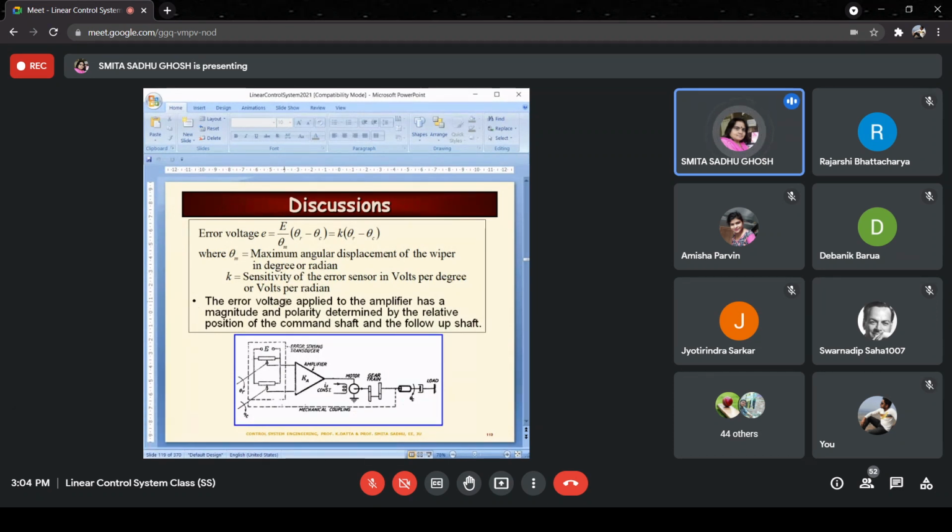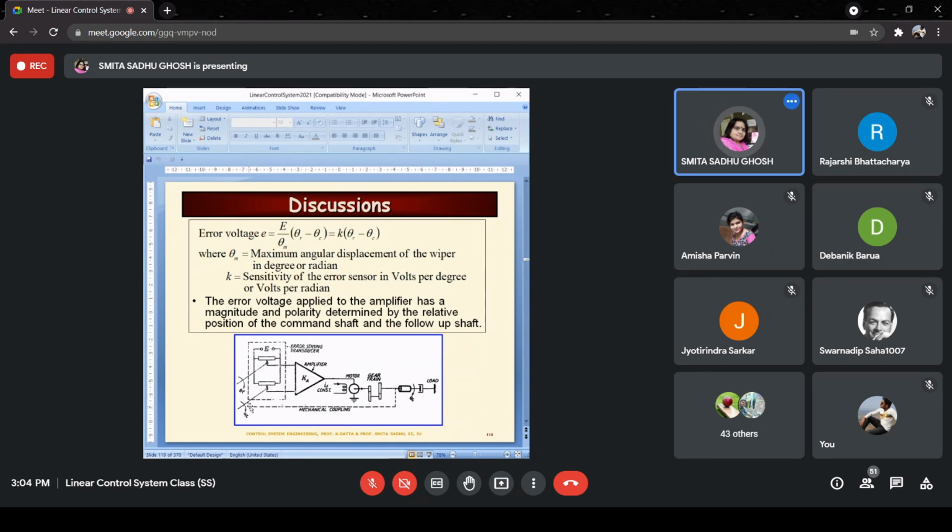So the error voltage applied to the amplifier, that is this one we are referring to, has a magnitude and polarity determined by the relative position of the command shaft and the follow-up shaft. What we are saying is that this is the command shaft or the reference shaft, and this is the follow-up shaft. Why follow-up shaft? Because it is actually following the angular position displacement of the load.